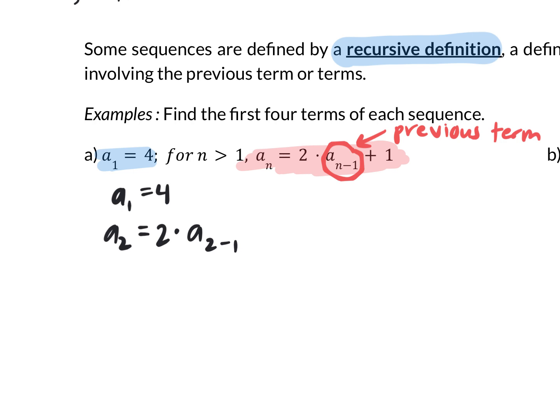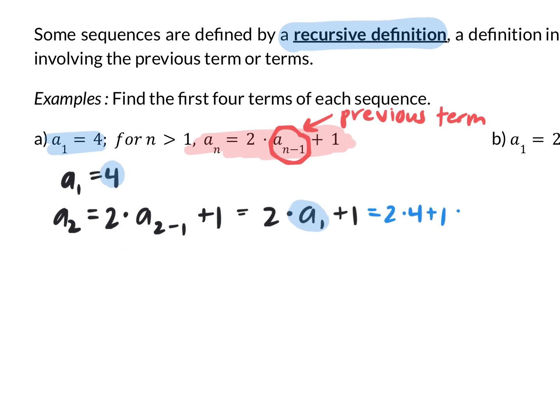So I just plugged in 2 for n, which if I simplify this, I get 2 times a sub 1 plus 1. And I know what a sub 1 equals. It equals 4, so I can plug that in. So I get 2 times 4 plus 1, which gives me 9. So a sub 2 is 9, or the second term in my sequence is 9.